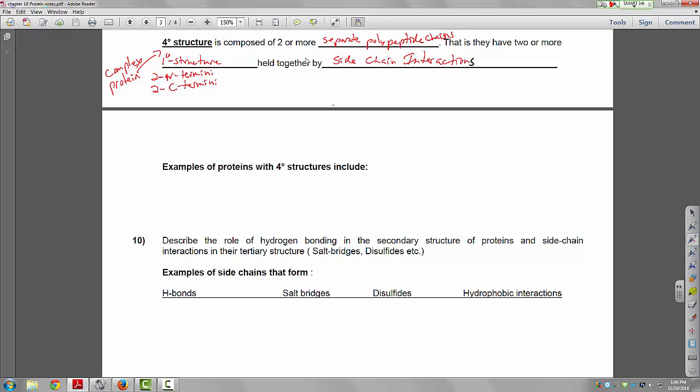Examples of proteins with quaternary structures, we talked about hemoglobin. Hemoglobin was an alpha-2 beta-2 tetramer. I also showed you a structure of immunoglobin, specifically IgG, and again we had two different types of chains.